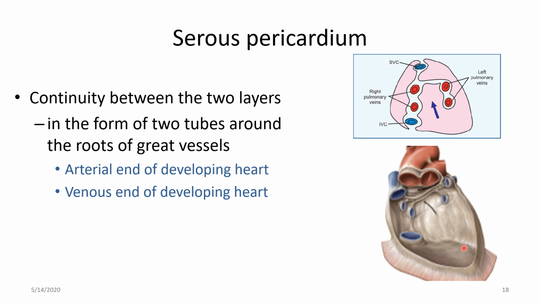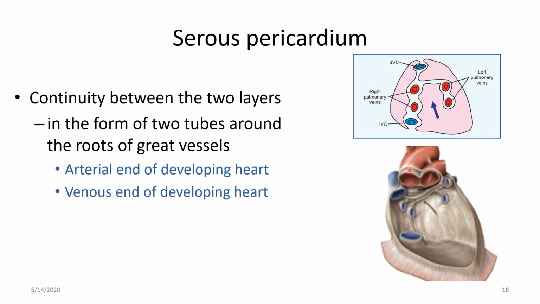If you observe this picture, because this part is shown here, which is easy for you to understand, this is the arterial end, which consists of the arch of aorta, you are seeing, and then the pulmonary trunk. So, enclosing this arterial end also, the parietal and visceral layers are continuous.